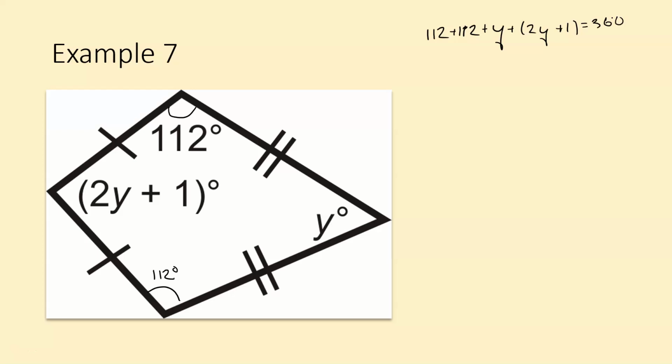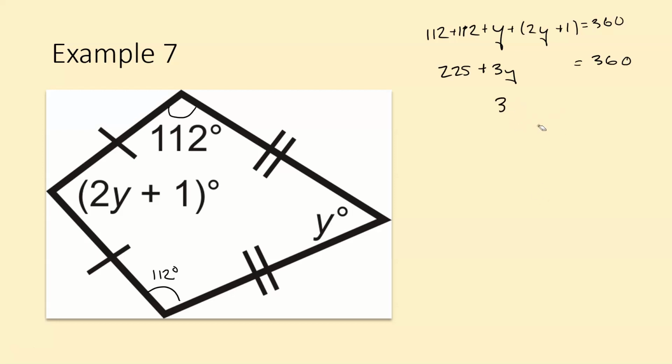So combining like terms, we have 112 plus 112 plus 1 is 225. And then y plus 2y is 3y. So subtract 225 on both sides.